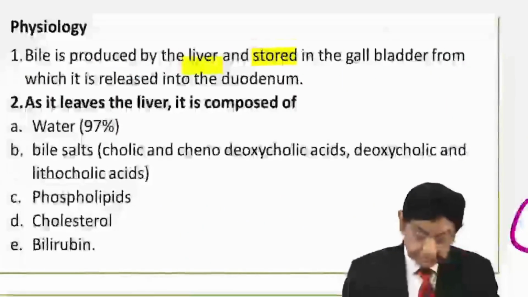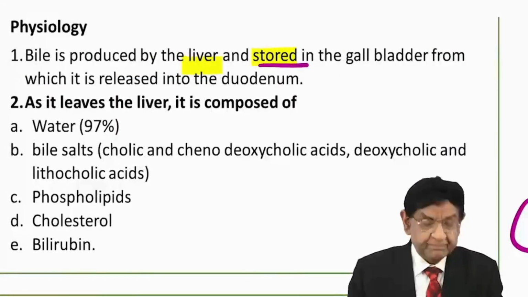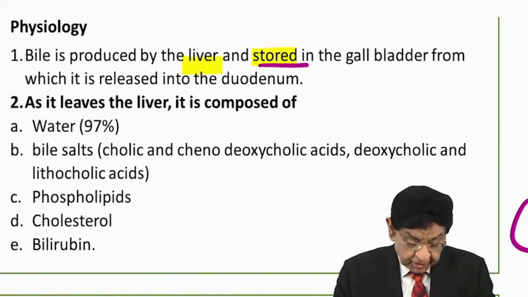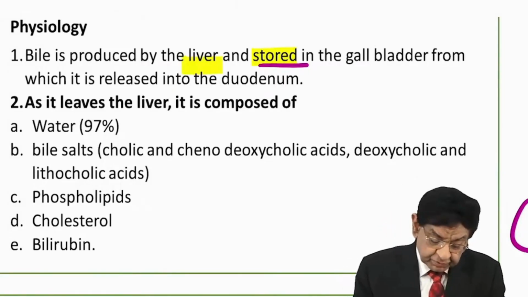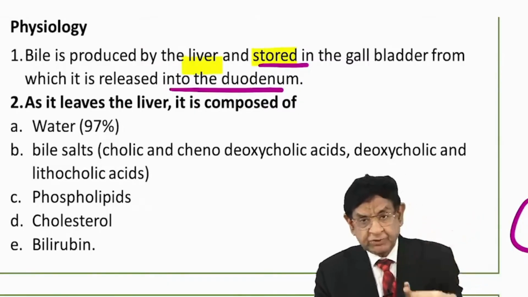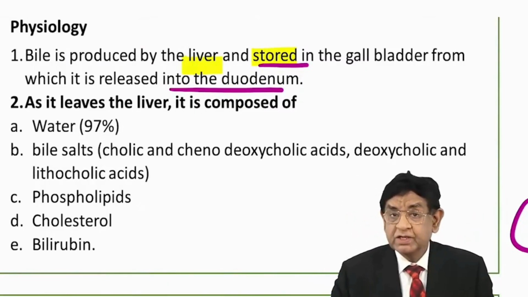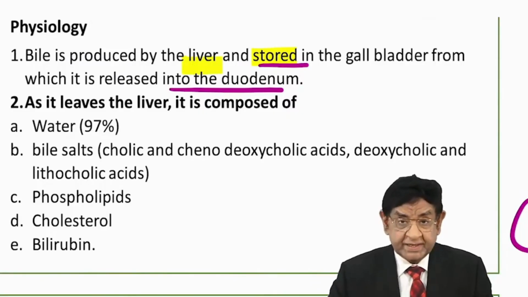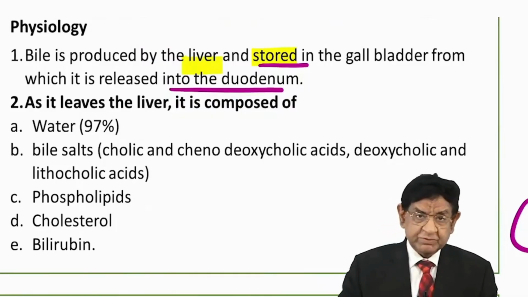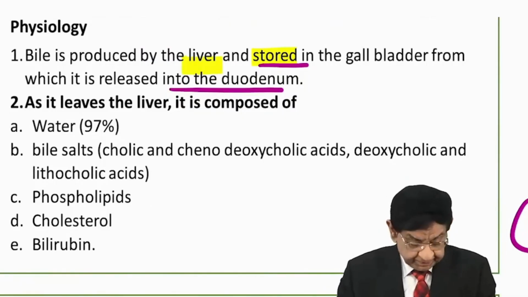And ultimately it comes to the duodenum. I told you the anatomy: the cystic duct combines with the hepatic duct, making the common bile duct and coming to the second part of the duodenum, that we have studied.